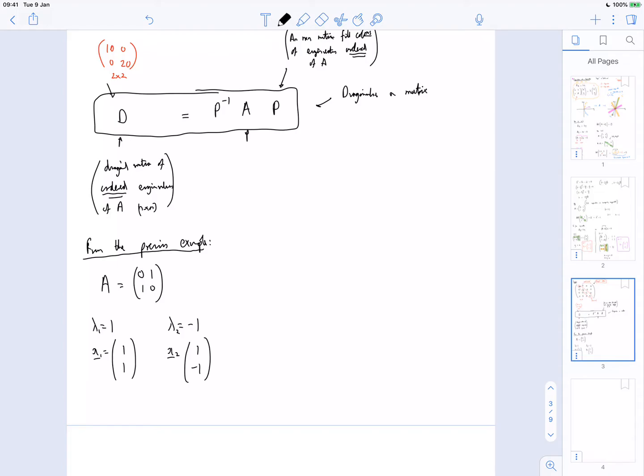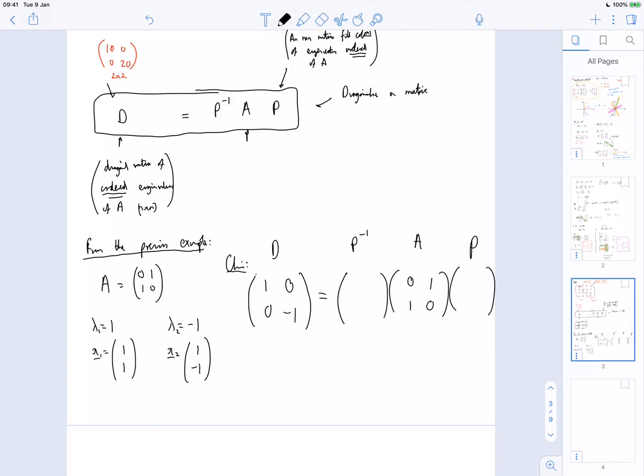Then the claim is that if I have a diagonal matrix of the eigenvalues, so let's put 1 there for the first eigenvalue and minus 1 there for the other eigenvalue and put the rest in 0, this is going to be square matrix, square matrix, square matrix. The middle one is A, so this is D, this is the inverse of P and this is P. The matrix A, remember, was 0, 1, 1, 0.